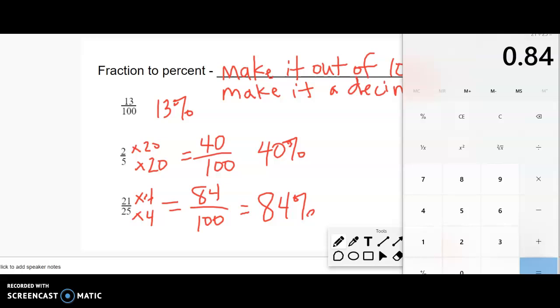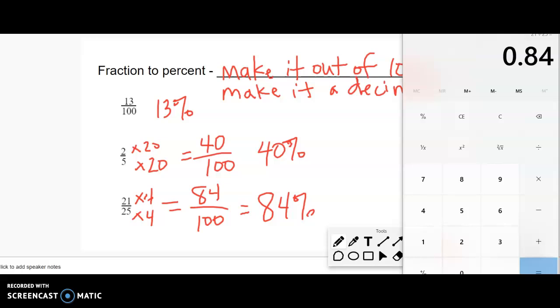Let me know if you need help, if you don't know how to make it out of 100, or if you forget how to do one step or another. I am more than happy to help. If it helps to draw some sort of picture so you can imagine how big it is, how close to 100% it is versus 50 versus 0. Different strategies to help us make sure that we are on the right track.